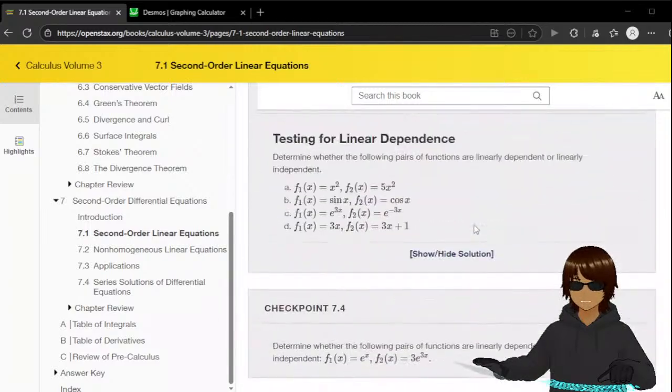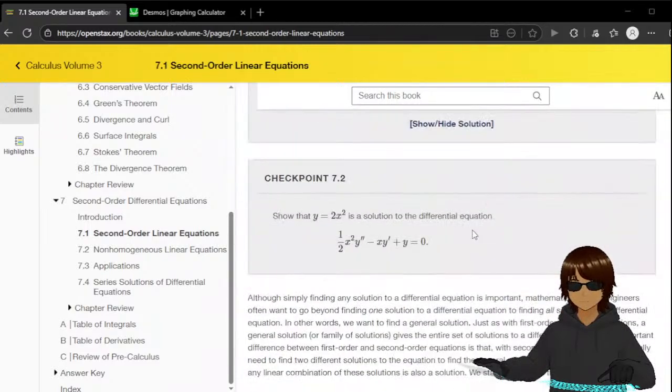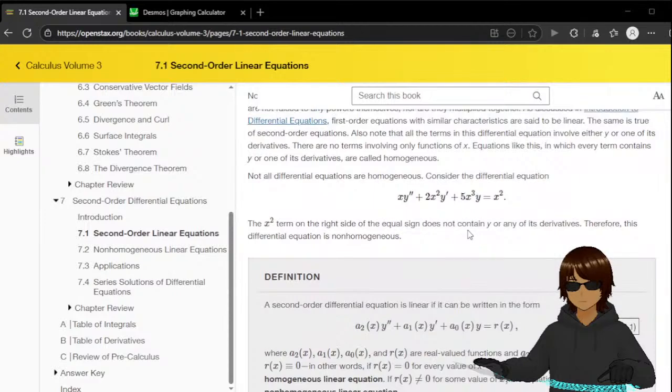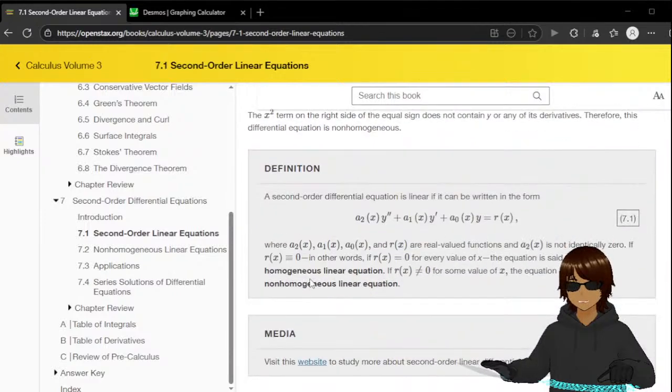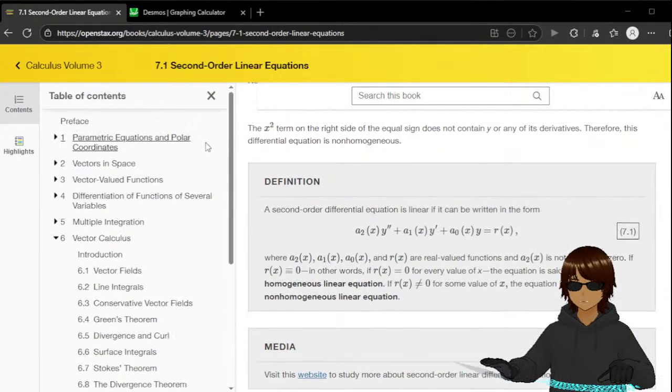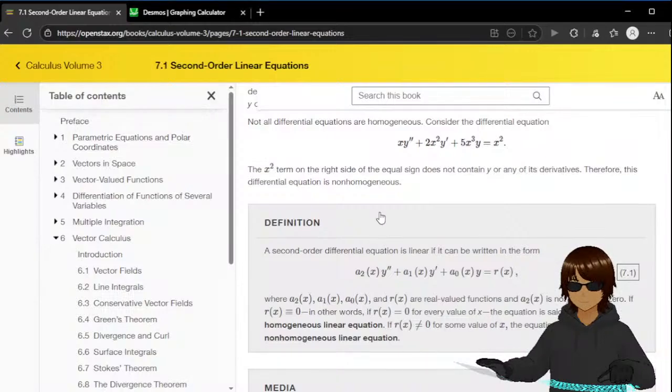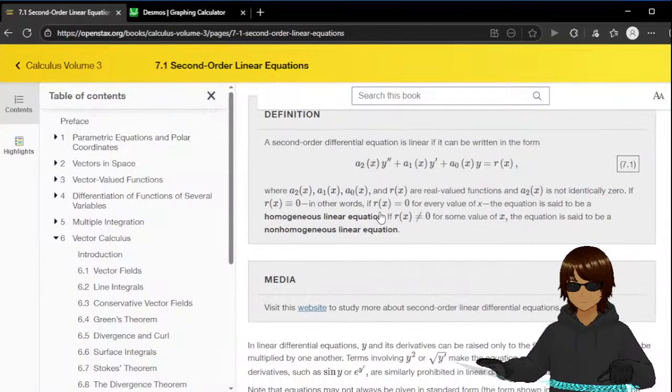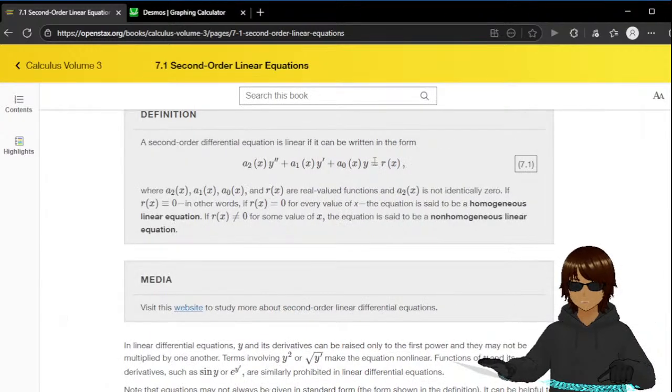This case over here is the homogeneous linear equation. If we have something multiplied by the double derivative of y plus something multiplied by the derivative of y plus something multiplied by y equal to something, then it's not homogeneous.